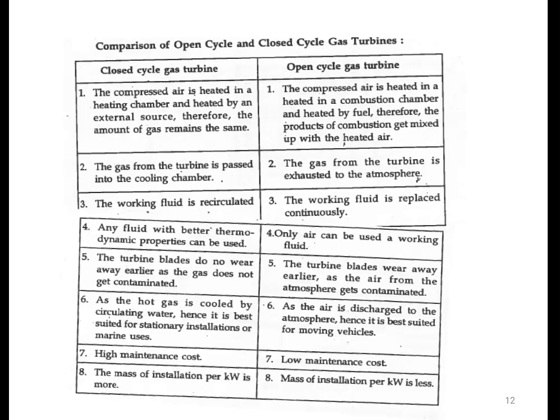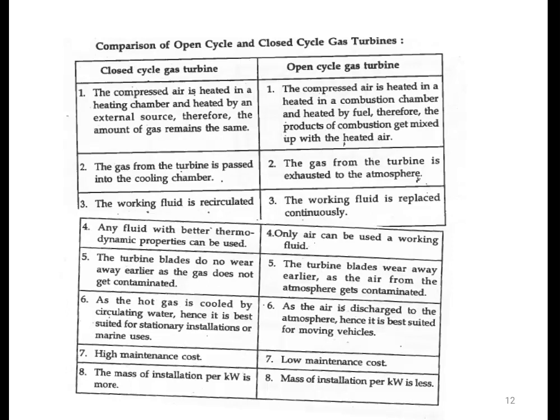Fifth difference: in the closed cycle the turbine blades do not wear away easily, as the gas is not contaminated. In the first difference we learned that there is no fuel interruption and the mass of the gas remains the same, so the gas is not contaminated, and that's why the blades are not wearing.